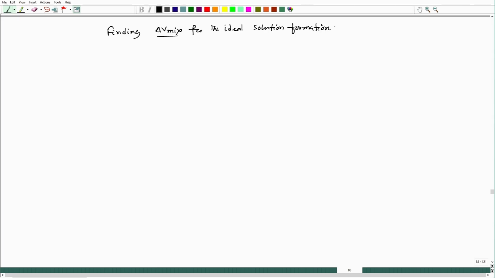Fine. Now, we know that delta G equals V dP minus S dT, when composition is fixed in a closed system.